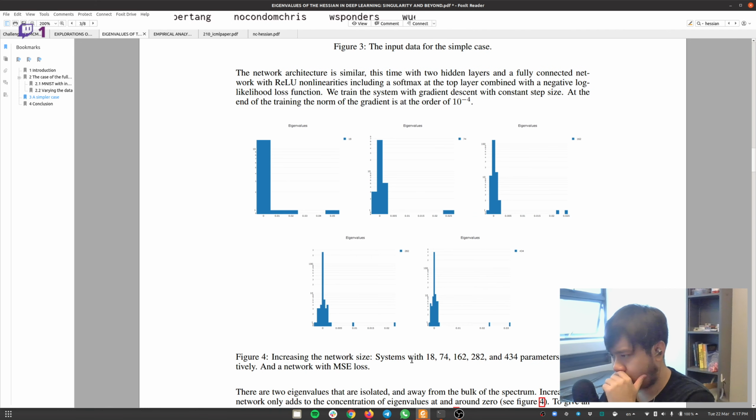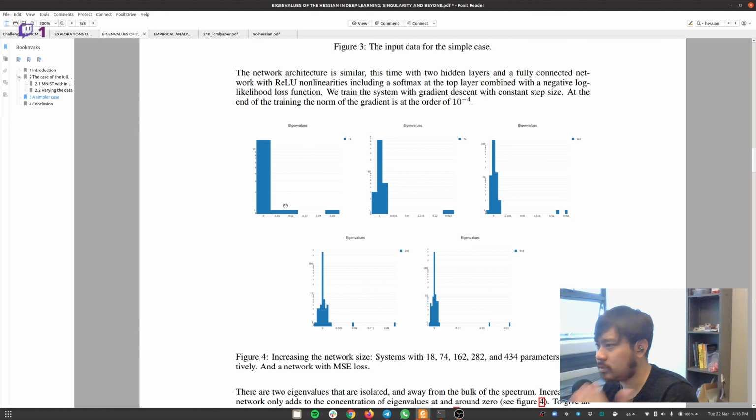Increasing network size. Loss. So we increase the network size. What am I trying to understand here? I don't understand actually. It shows that there's more zeros.